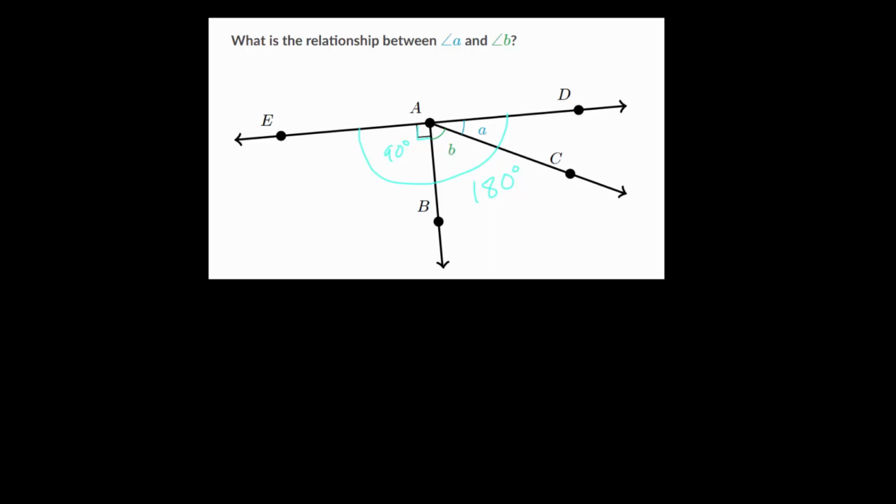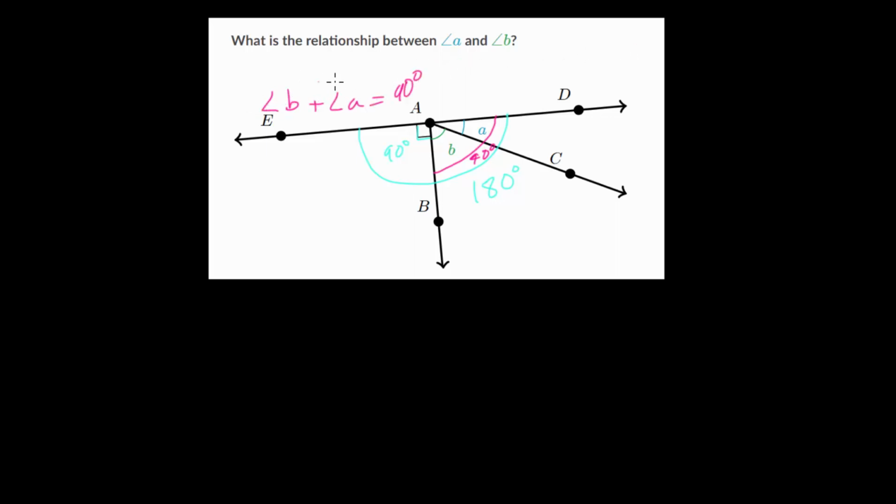Since, if you think about this, for this entire angle, EAD, to be 180, since it's the angle of a line, then this has to be 90 and this has to be 90, since that adds up to 180. So when we add those together, angle B and angle A, we get 90 degrees.